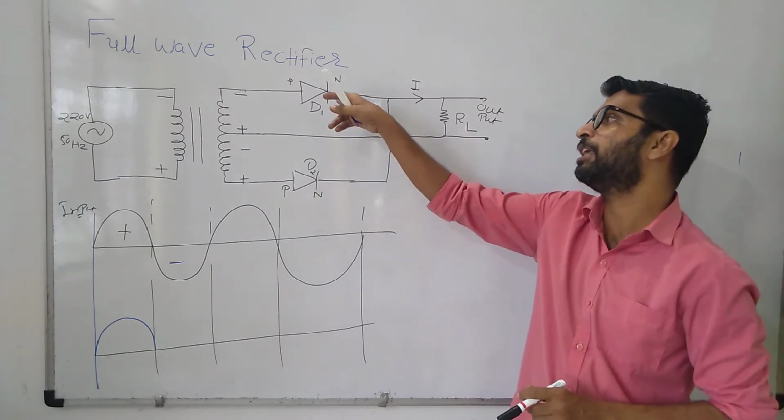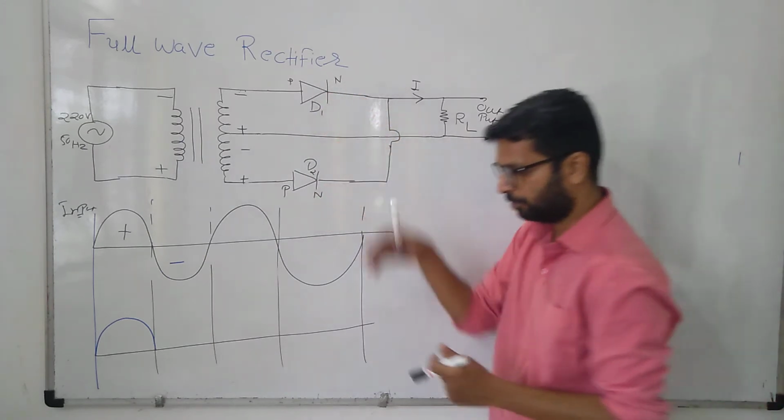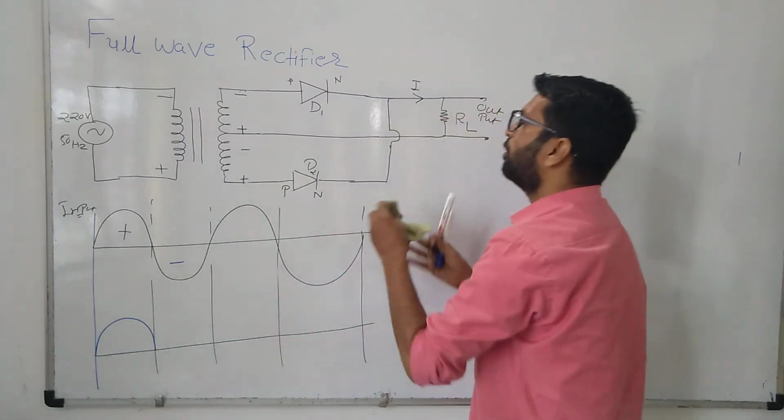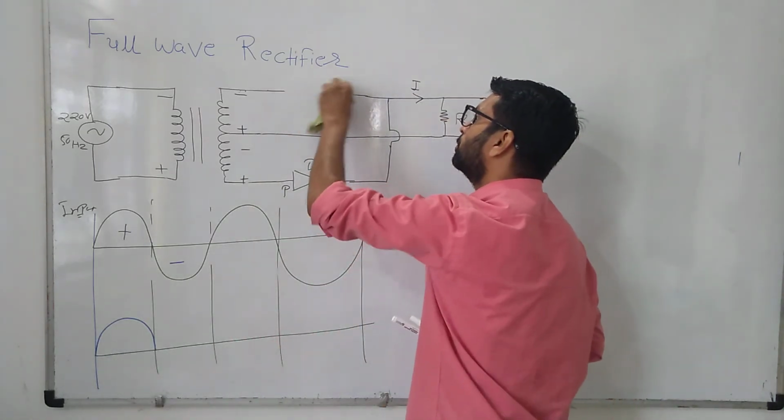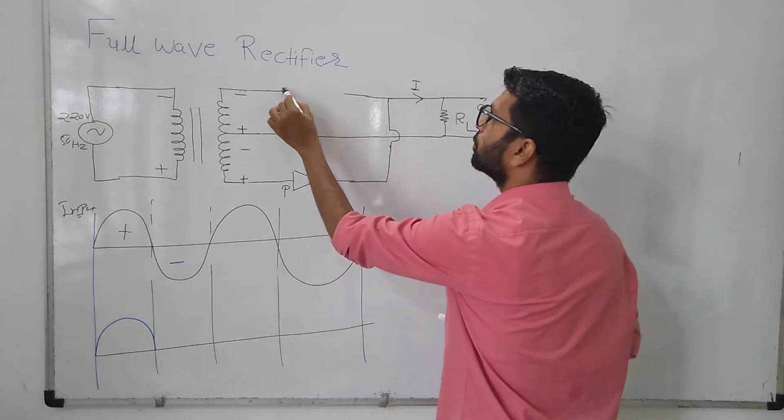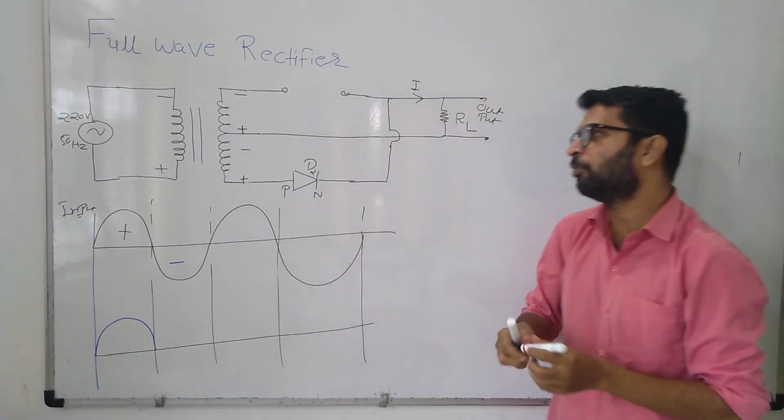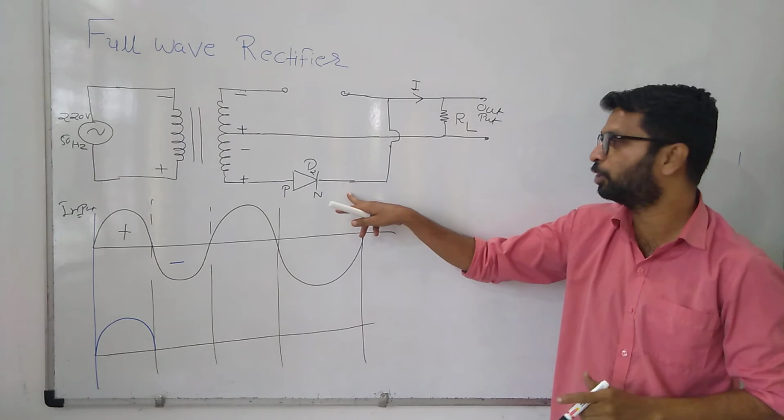So now diode D1 becomes an open circuit. We will remove diode D1 and current will flow through only diode D2.